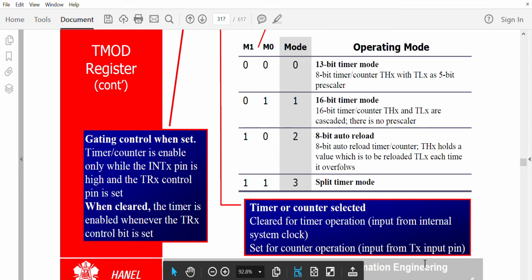So whatever it is, it is enabled only if the INTX is the interrupt pin. 8051 has two interrupt pins, INT0 and INT1. So if INTX, that is INT0 or INT1, if the INT pin is high and the TRX control pin is set, we'll see these later on.